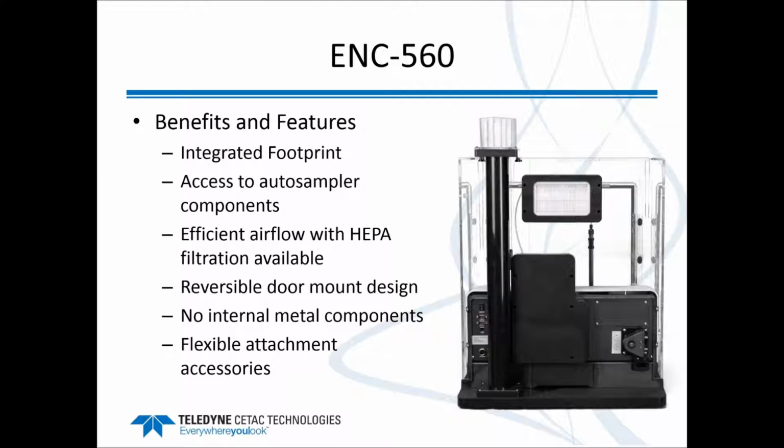It's very easy to switch the position of the door. It's different from the old autosamplers that we had that opened upward, so the door would have to be balanced on the top. This one stays open and gives the user much easier access to the sample chamber.